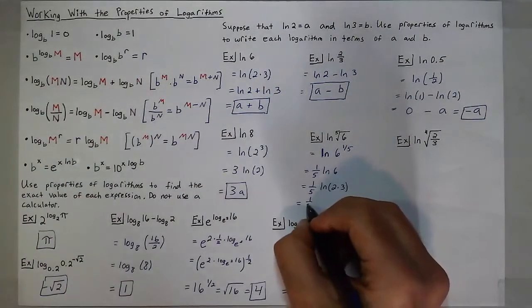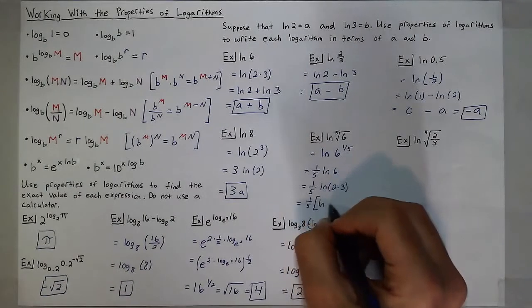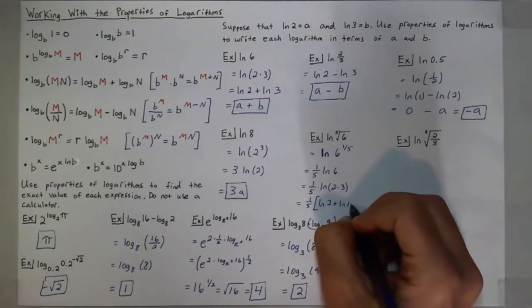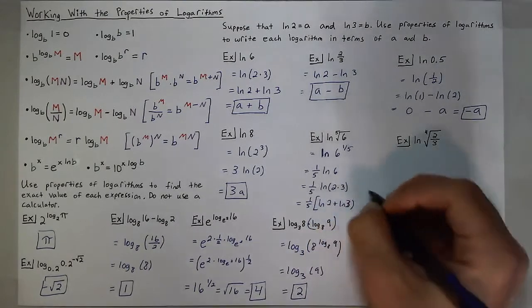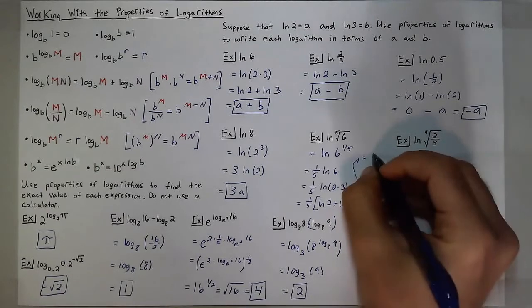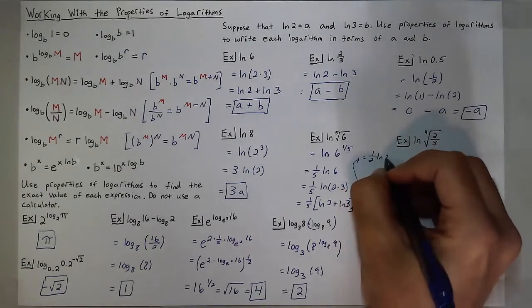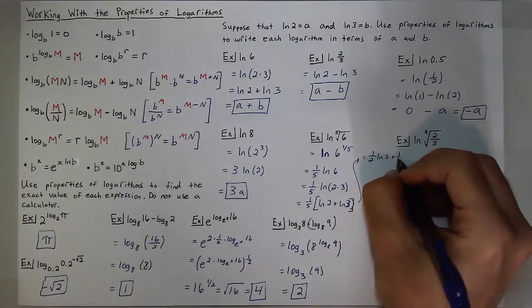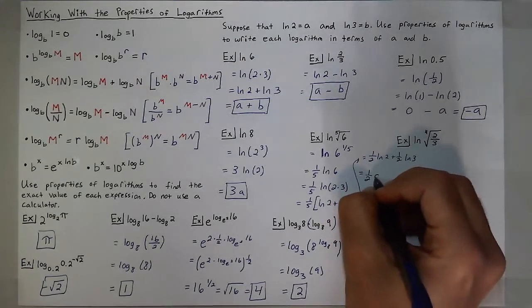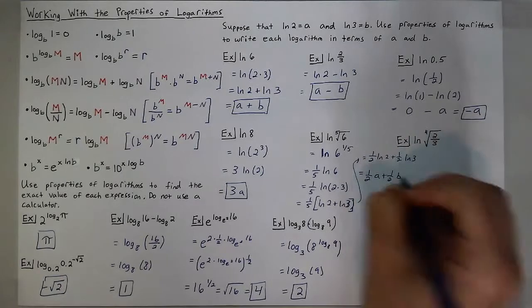So I get 1/5 times the natural log of 2 plus the natural log of 3, which leads me to get 1/5 natural log of 2 plus 1/5 natural log of 3, the expression 1/5 a plus 1/5 b.